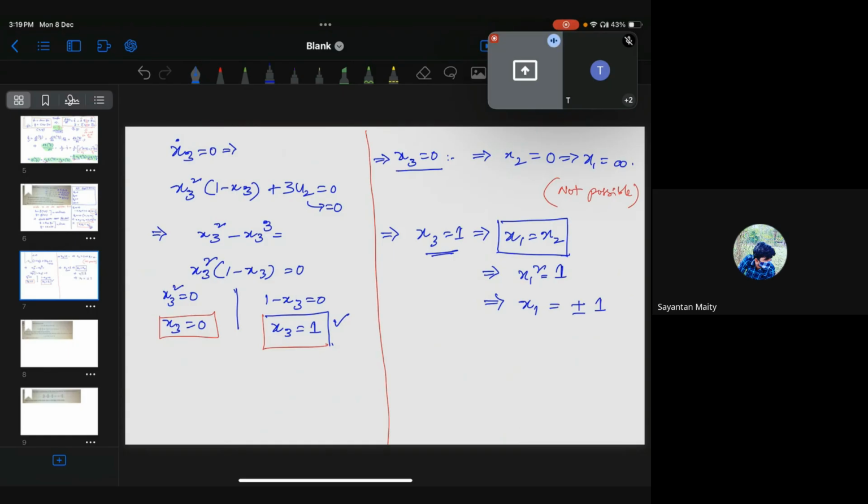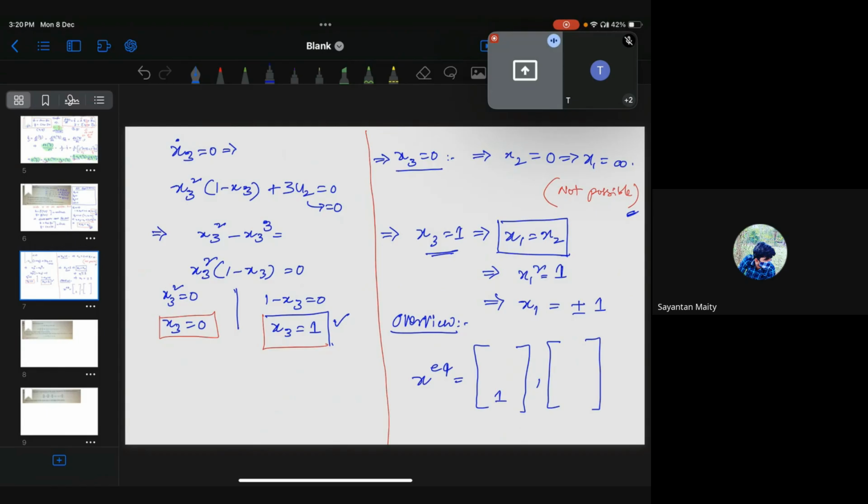Now the overview. We call this the equilibrium point, the point when we make x dot equal to 0. We have two combinations. The x3 equal to 0 cases we are not considering.